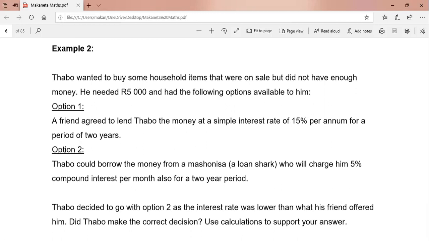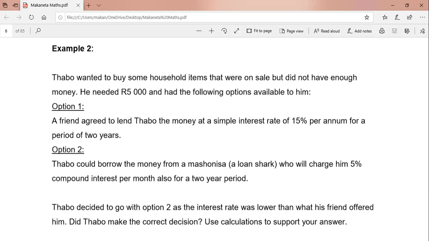In option 1, there's a simple interest rate of 15% per annum. And of course, this will be calculated for 2 years. That is the number of years. But the other option is 5% compound interest per month, also for 2 years.